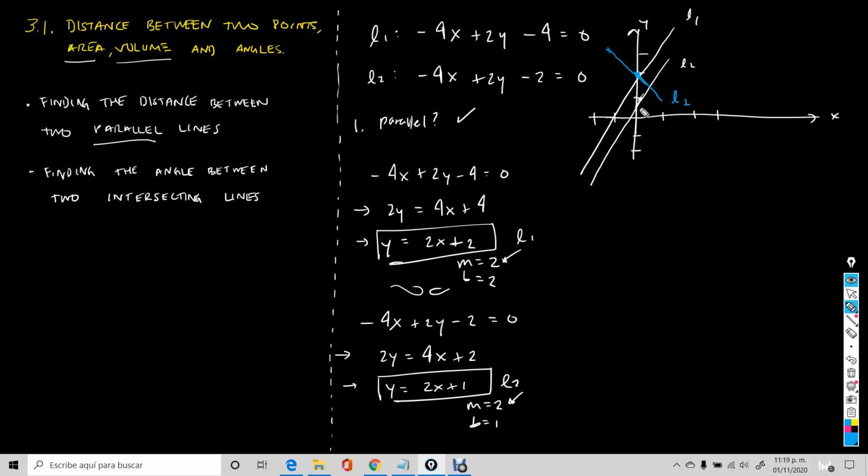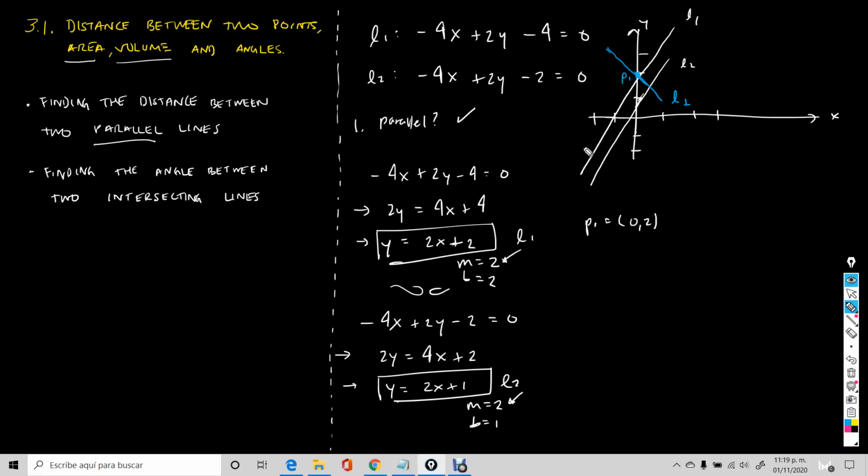L perpendicular. And remember, this perpendicular line is perpendicular to L1 and therefore is perpendicular to L2 also, right? And L perpendicular is going through this point. Let's call it point P1. And remember, point 1 was, in my case, I decided that it was going to be 0, 2. You can go for any other point.